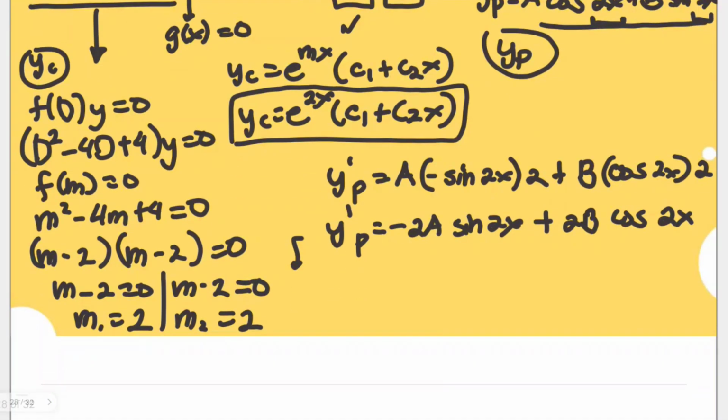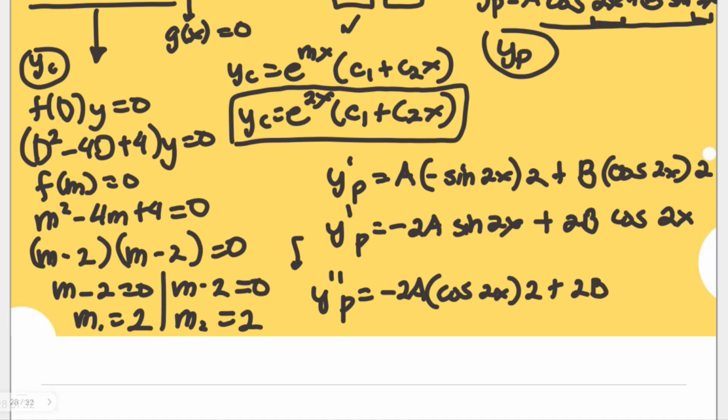So you have your second order derivative of y sub p. Taking this again as constant together with this, you simply follow the same process earlier. So minus 2a times the derivative of sine 2x is cosine, that's positive, times the derivative of our angle, which is 2, plus 2b, the derivative of cosine 2x is minus sine 2x, times the derivative of the angle, which is again 2.